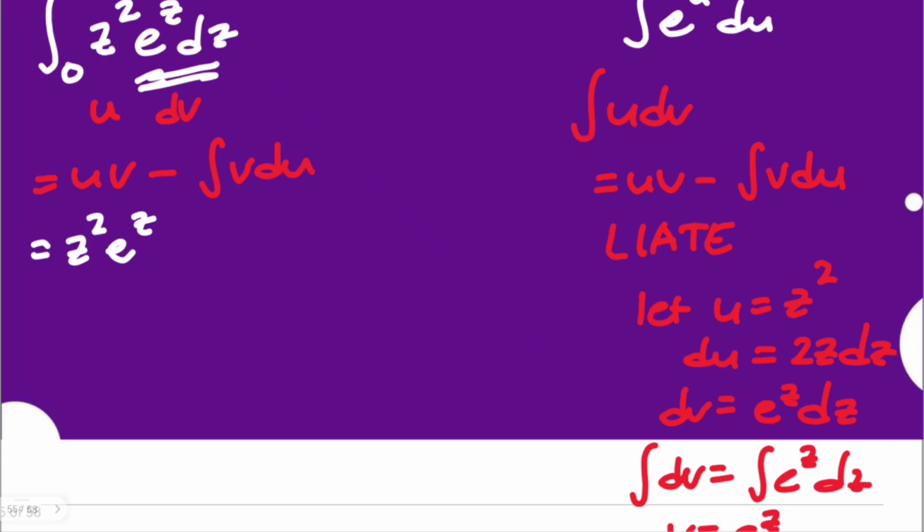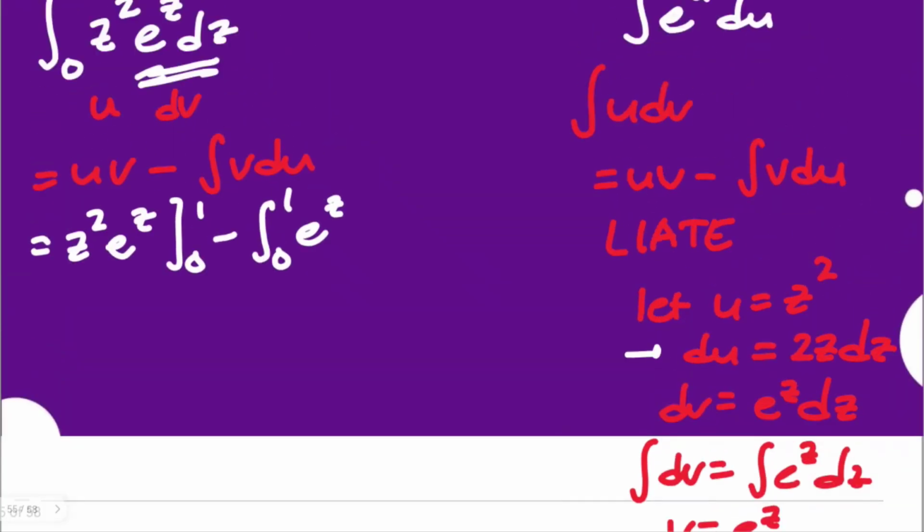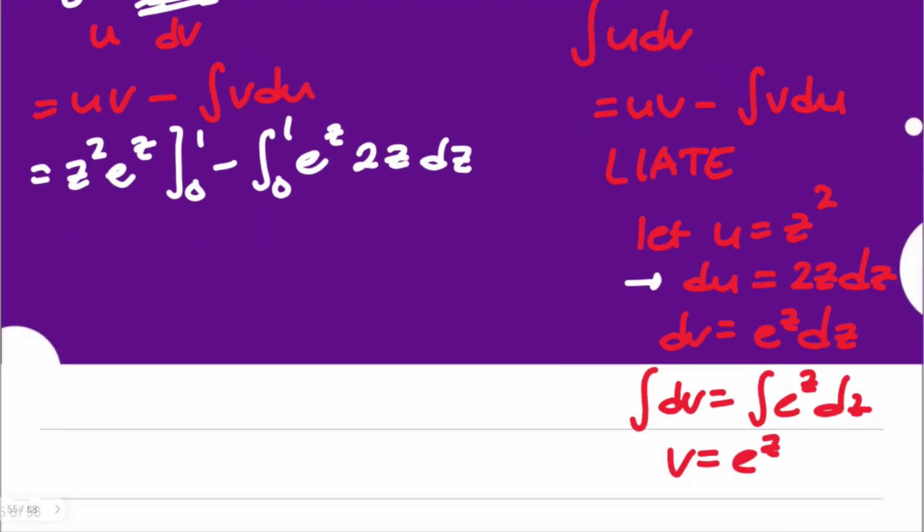But you are to evaluate that from 0 to 1, minus the integral, still 0 to 1, of your v, which is e to the z, and your du, in this case, 2z dz.